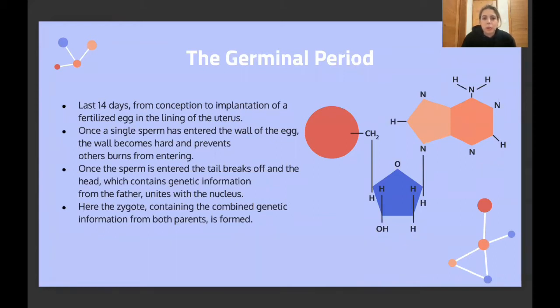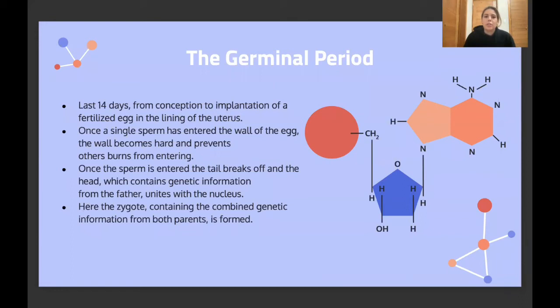Once a single sperm has entered the wall of the egg, the wall becomes hard and prevents others from entering. Once the sperm has entered, the tail breaks off and the head, which contains the genetic information from the father, is fertilized.